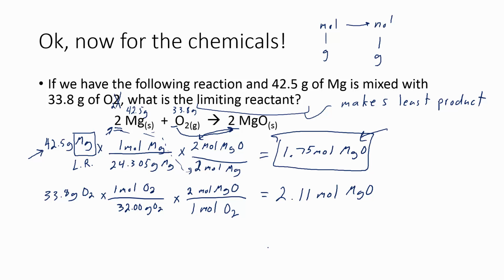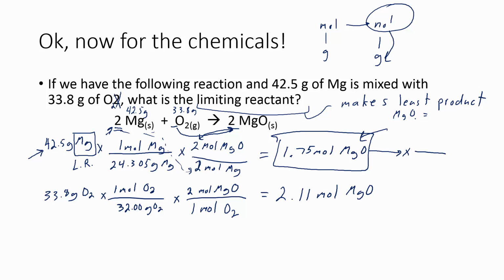Now turn the product into grams to see how much we made. Once we've figured out which is the correct number of moles to use, then we'll go to grams. So 1.75 moles of magnesium oxide times 24.305 plus 16.